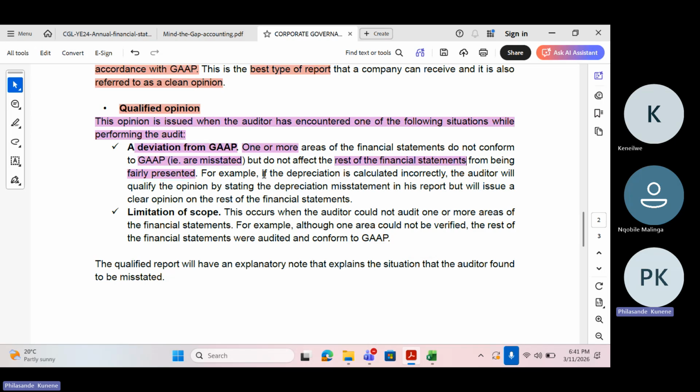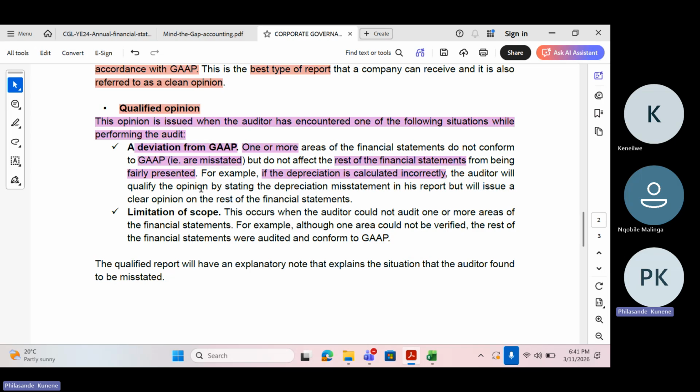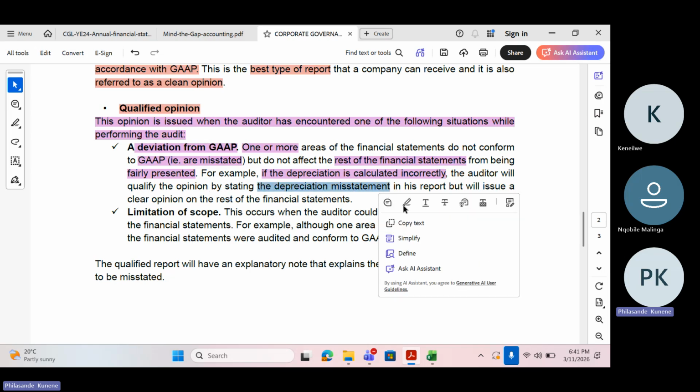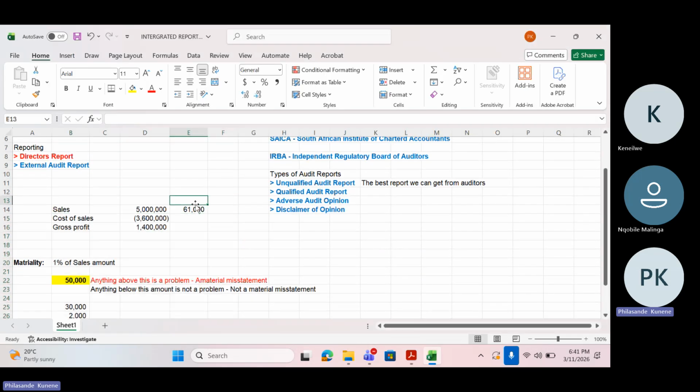For example, if the depreciation is calculated incorrectly, the auditor will qualify the opinion by stating the depreciation misstatement in his report, but will issue a clear opinion on the rest of the financial statements. I've audited the financial statements and found that the sales are materially misstated by 61,000.